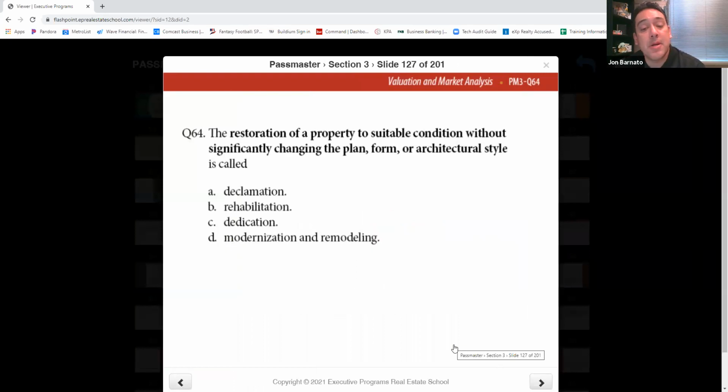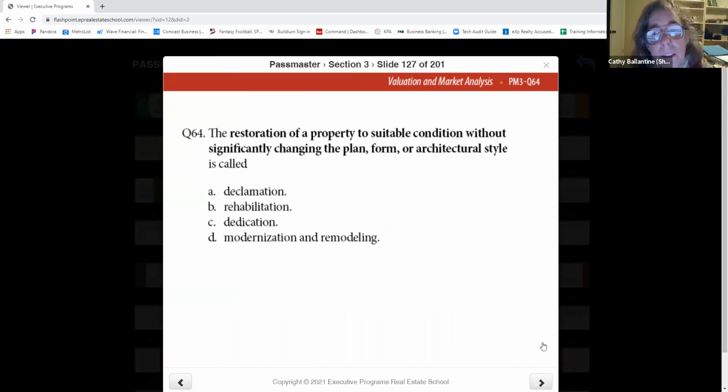The restoration of a property to suitable condition without significantly changing the plan, form, or architectural style is called what? B, rehabilitation.